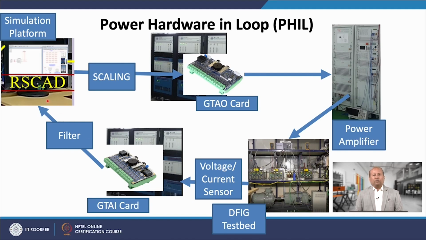Now, in the power hardware in loop simulation, power devices such as renewable generations like wind or solar and their inverters that are part of the system network are interfaced with the simulator that is run on the real time digital simulator in power hardware in loop experimentation.